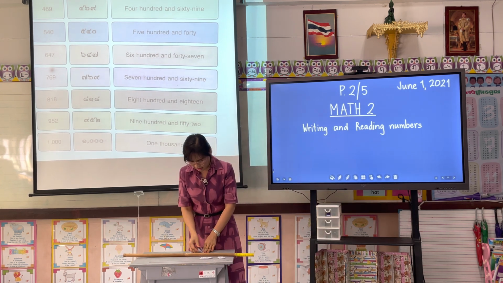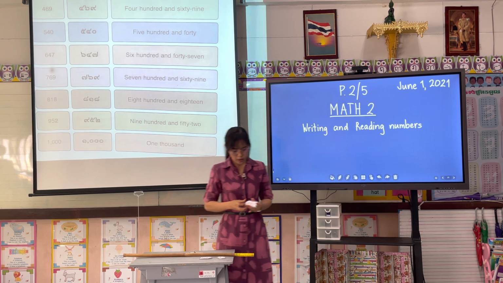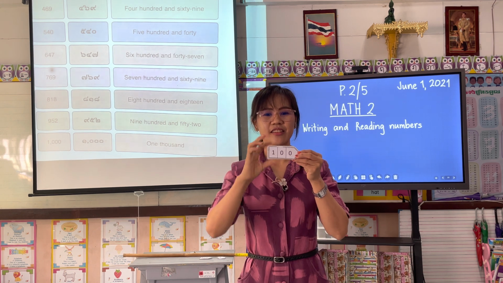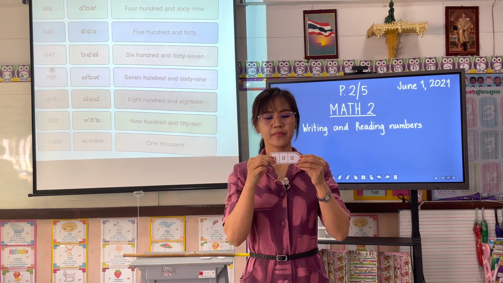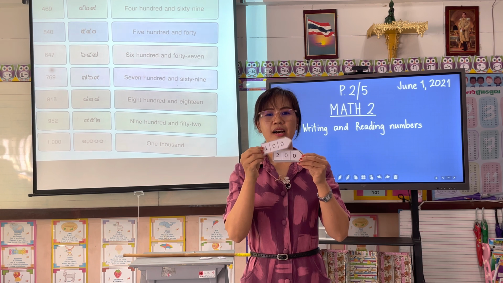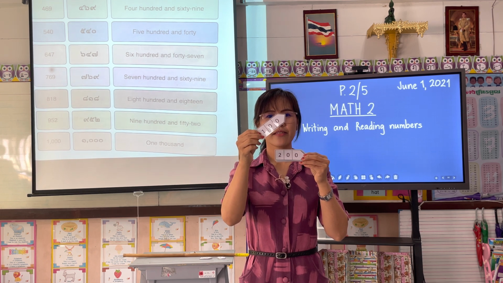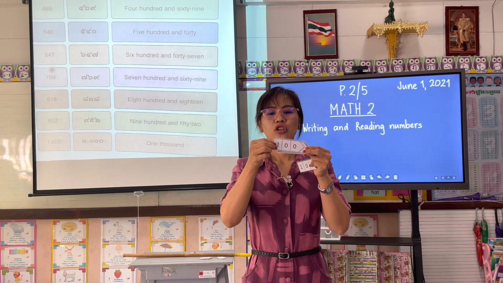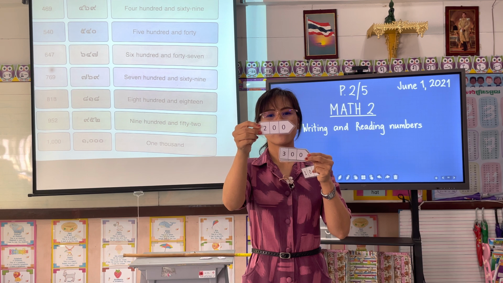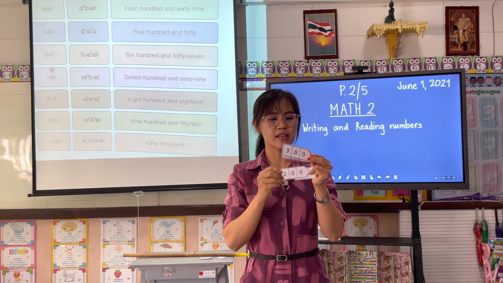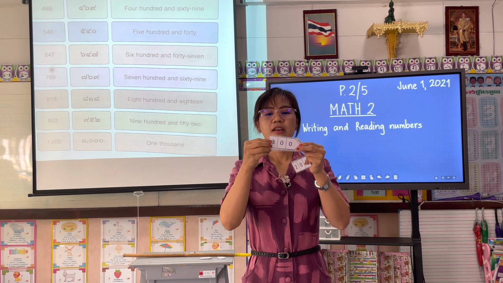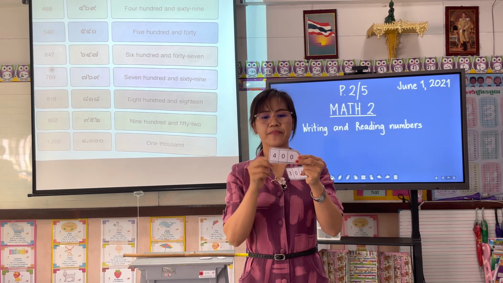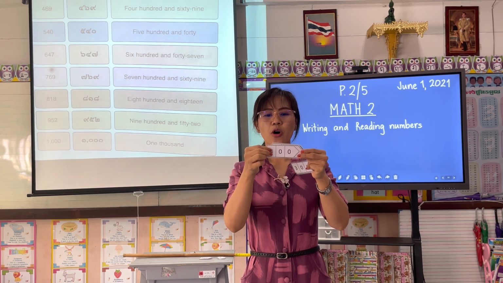Okay? Next, I want you all to please count with me by hundreds. Okay? By hundreds. 100. Okay? Please repeat after me. 100. Next, 200. Right? Next, 300. Next one, 400.